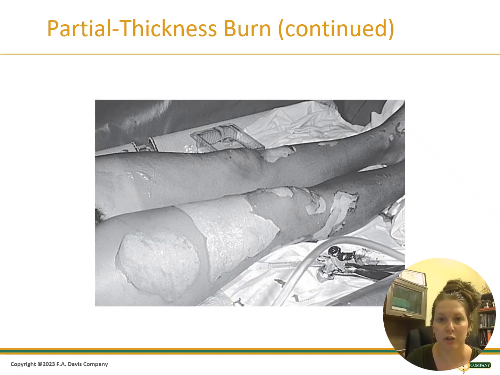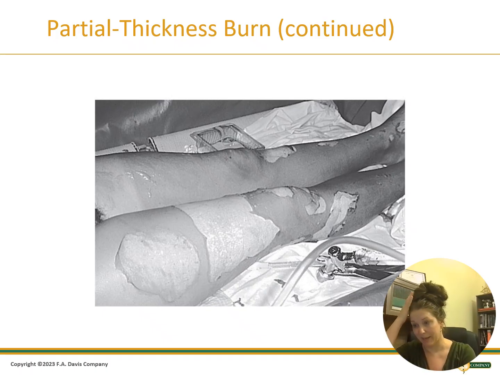Alrighty, next we have a partial thickness burn. It's hard to tell with this picture, but to me it looks more like areas of the white leathery where it's come away.